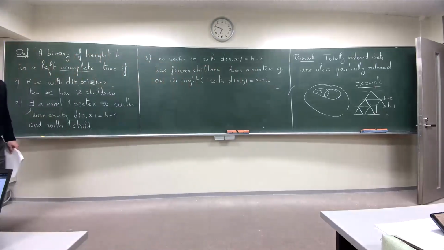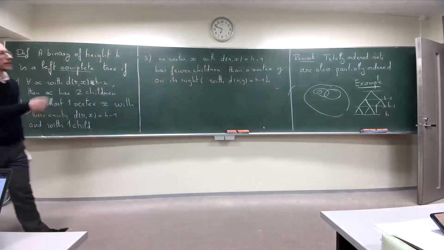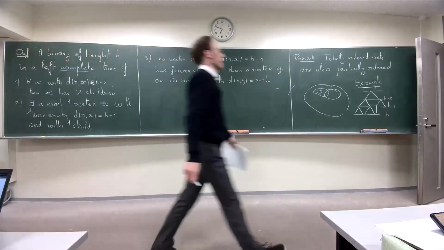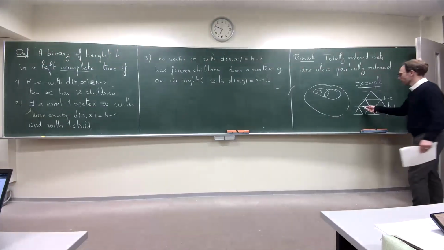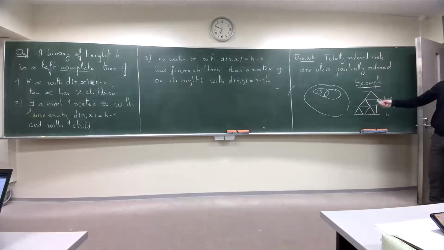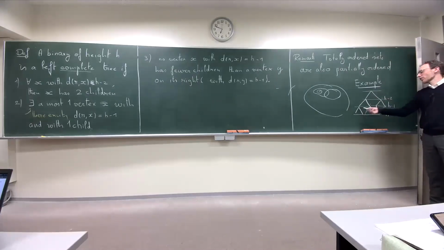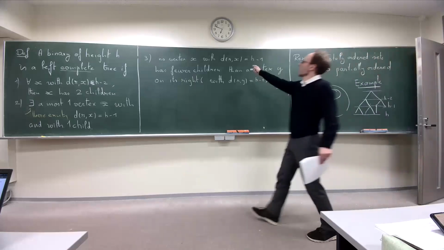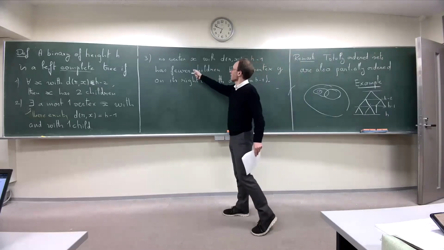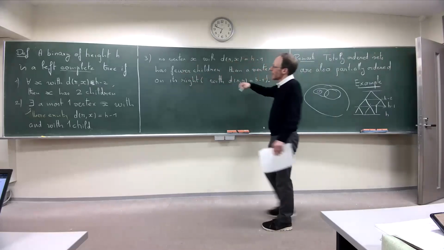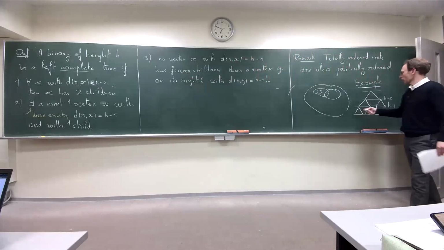So let's check on this example. Take a vertex at h minus 1. The number of children is decreasing. That's a way to check: there is no x which has less children than the one on the right.